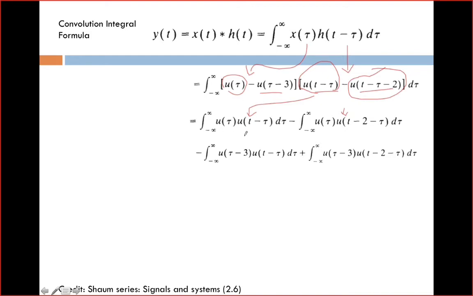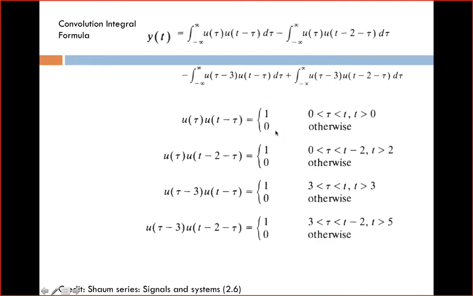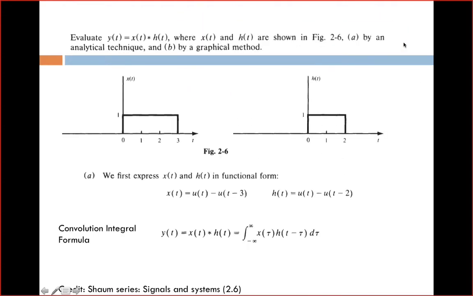So I will get 4 different integrations. We are going to integrate them one by one to obtain the solution for this problem. So this is the integration we got from the previous slide.